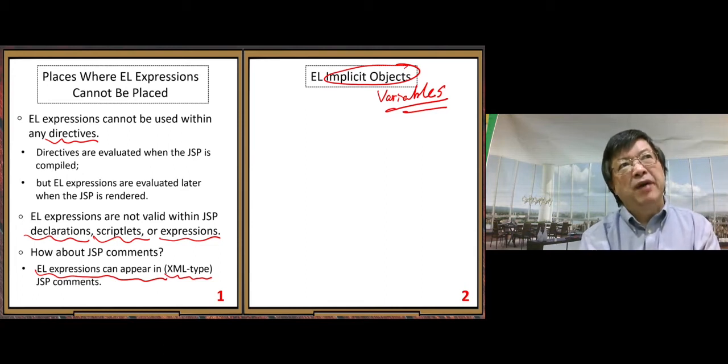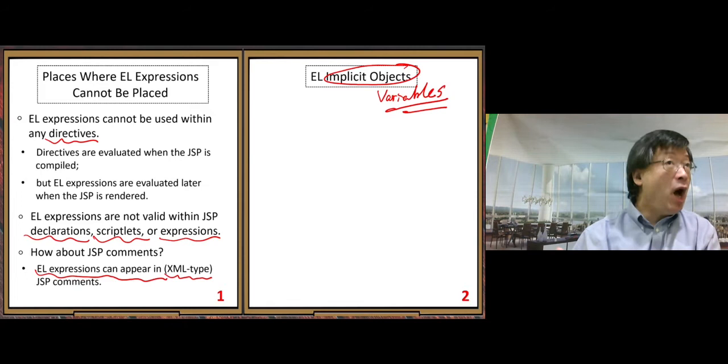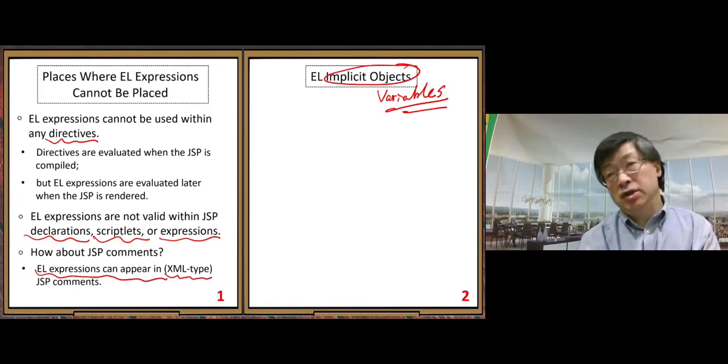But I feel implicit objects is a better name, because when we say objects, it is more precise. With variables, sometimes you may not connect the general variables to objects, right? Could be objects, could be non-objects.